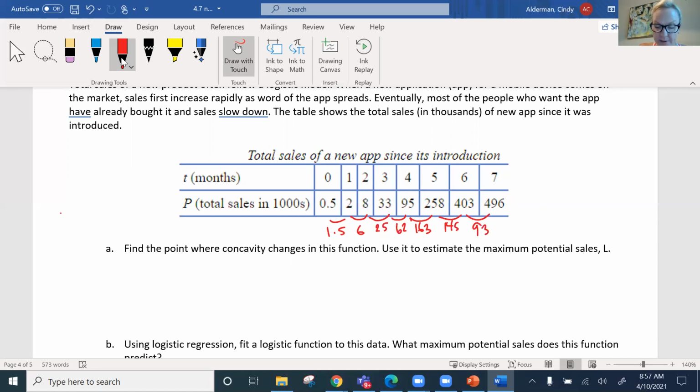So the point at which, like they say, the concavity changes is the inflection point here, right? Because here we're increasing, and then here we start to decrease.